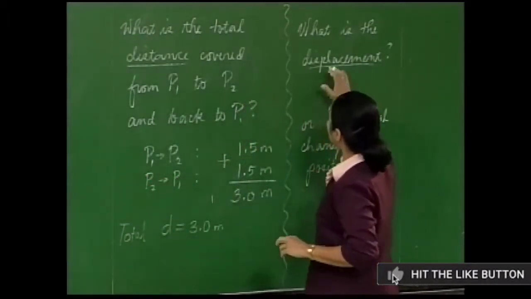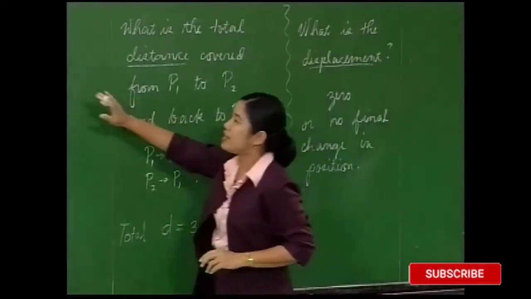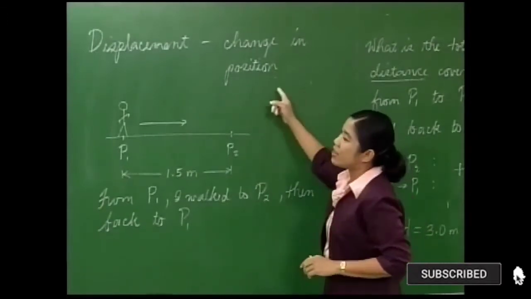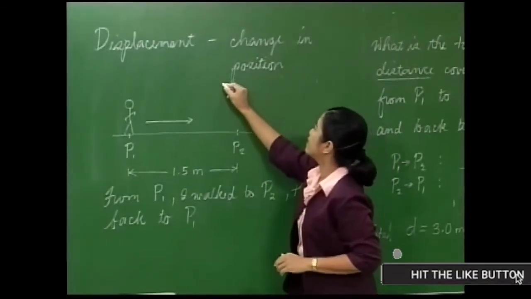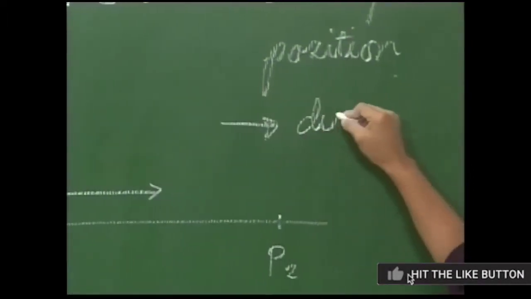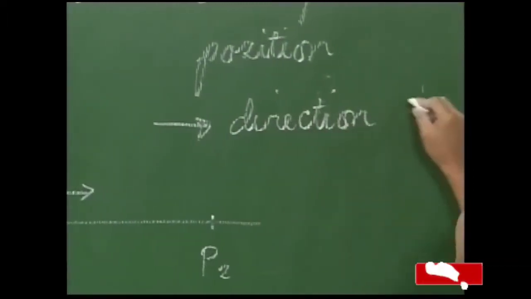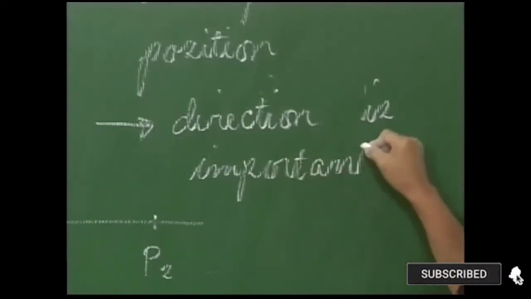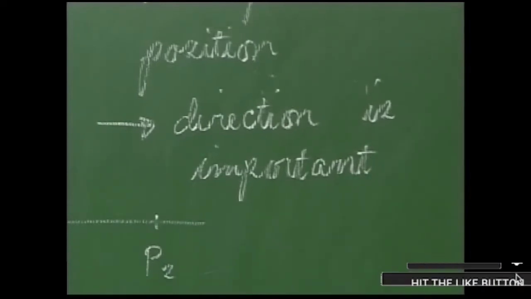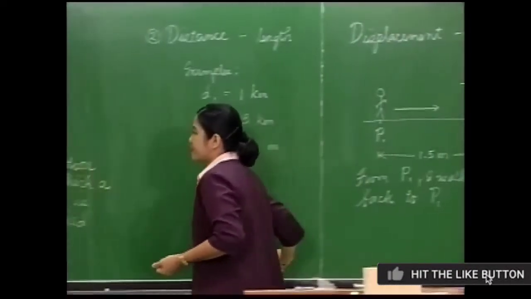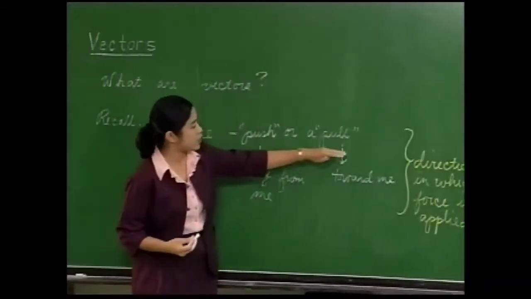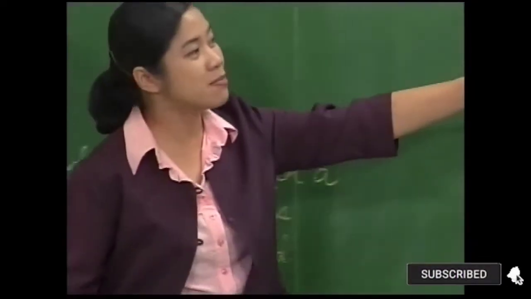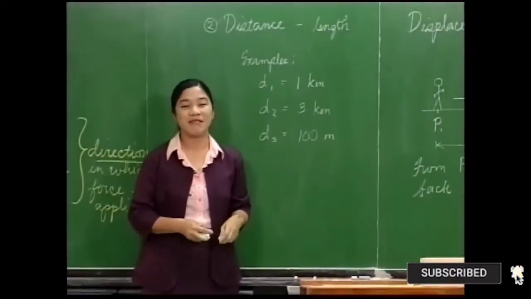On the other hand, when you talk about displacement, which is a change in position, direction is important. So just like force, which is your push or pull, direction is important. Displacement also, direction is important.